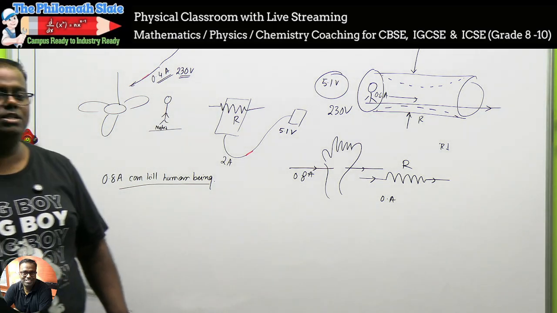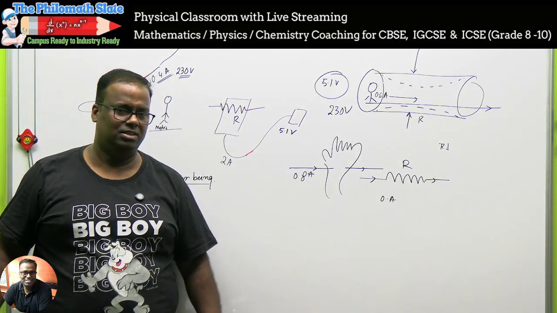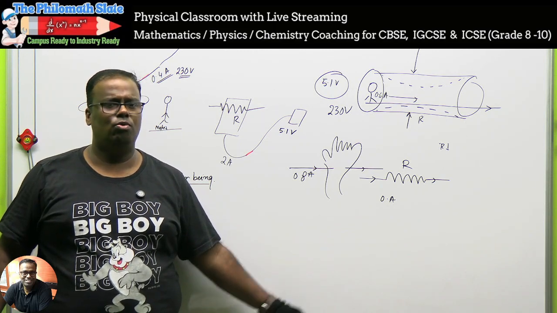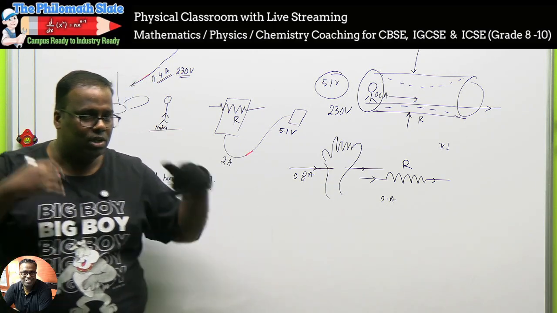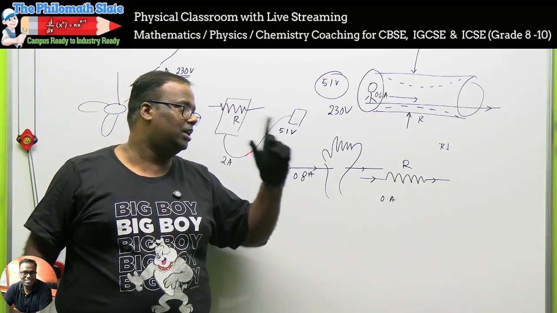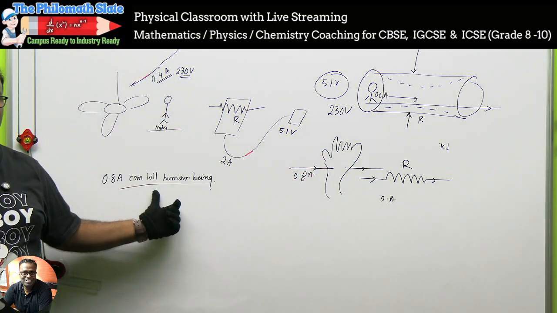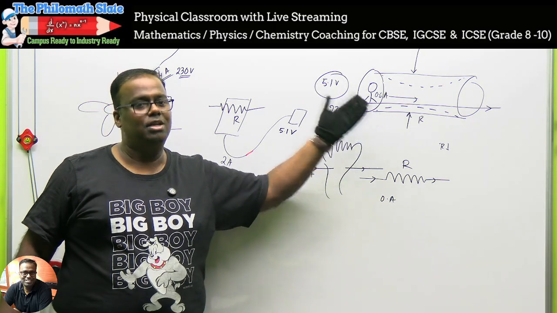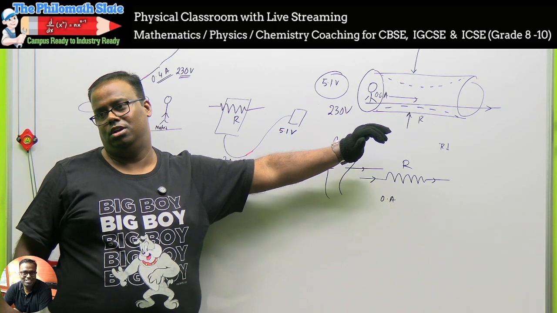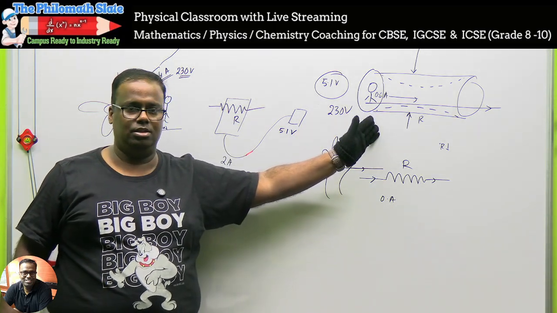So the question now arises: do you die by voltage or by current? You'll die by current. It has nothing to do with voltage. Think the other way around. Someone says, sir, people die in high voltage. That is right, but the answer is different. We will die from a current of 0.8. If the voltage is enough to make 0.8 pass through our body, we will die. If the voltage is not enough to make 0.8 pass through our body, we won't die.